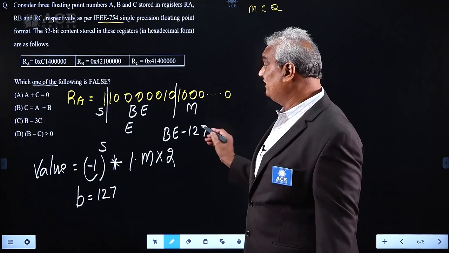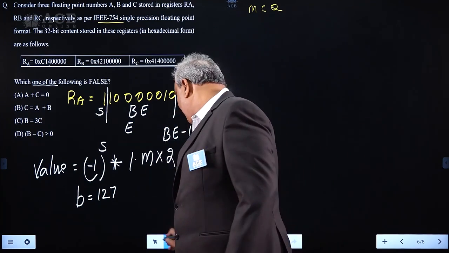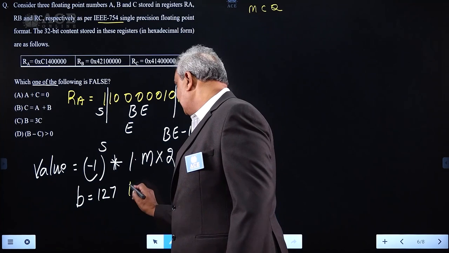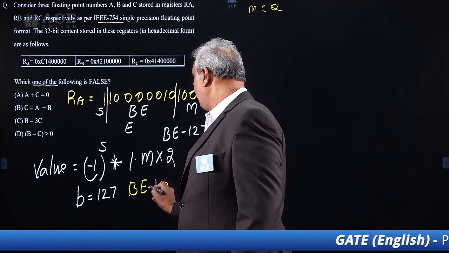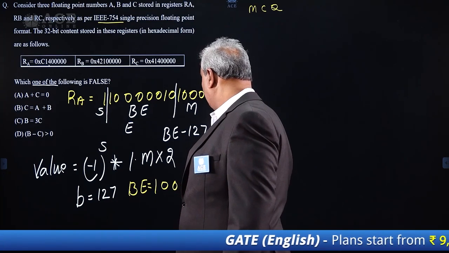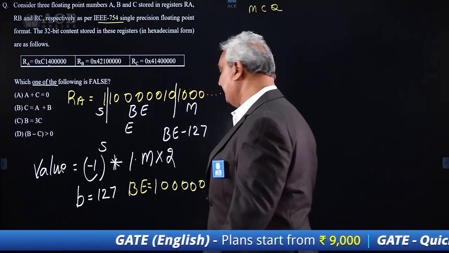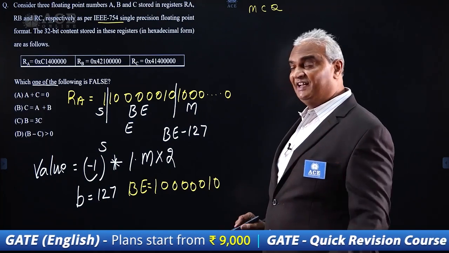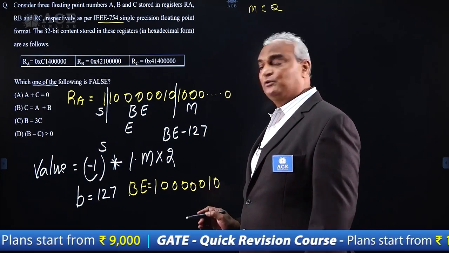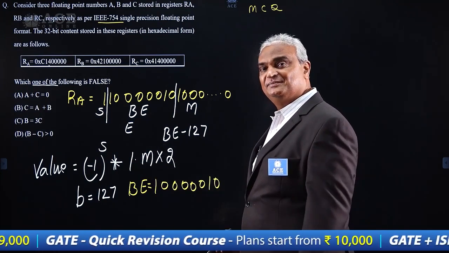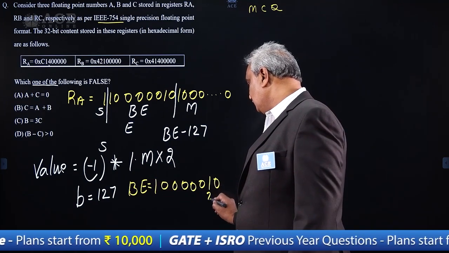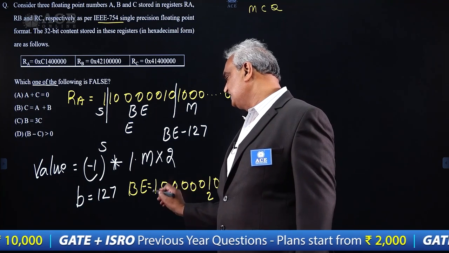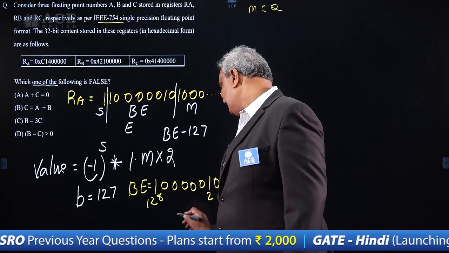Find the biased exponent value in decimal. Here the biased exponent is 1 0 0 0 0 0 1 0. It is a binary value. For finding the decimal value, apply weighted code 1, 2, 4, 8, like this, means 2 power 0, 2 power 1, 2 square, like this: 1, 2, 4, 8, 16, 32, 64, 128 means 130.